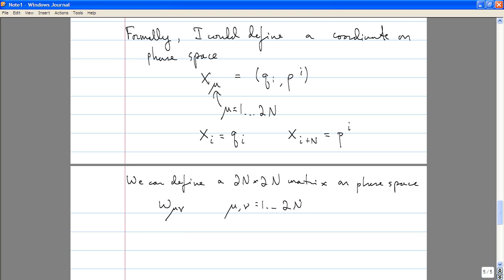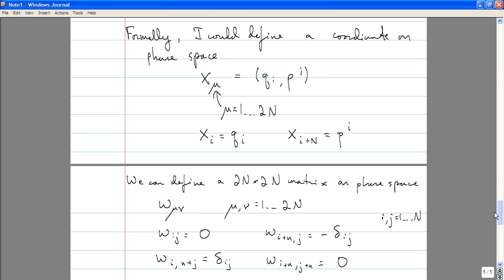And I'll define it such that omega ij is equal to 0, where i and j run from 1 up to n. Omega i, n plus j is equal to delta ij. Omega i plus n, j is equal to minus delta ij. And omega i plus n, j plus n is equal to 0, where i and j run from 1 up to n.